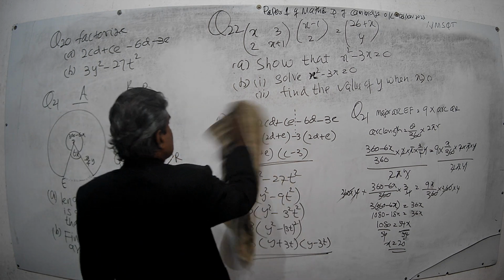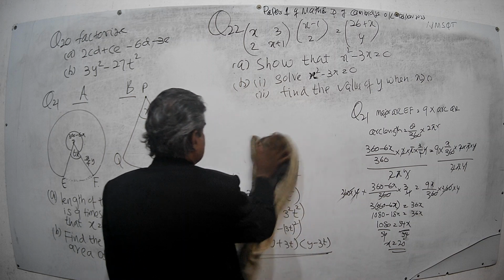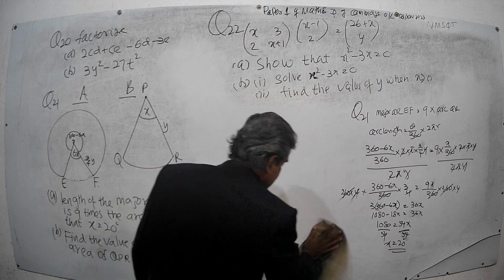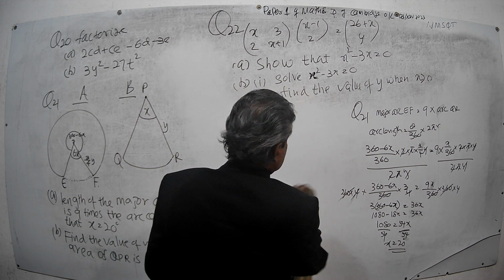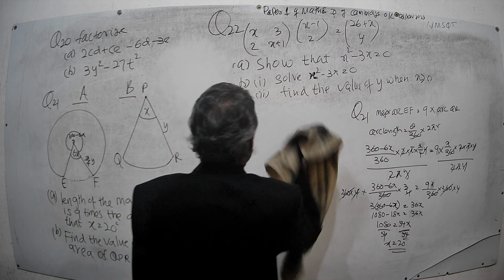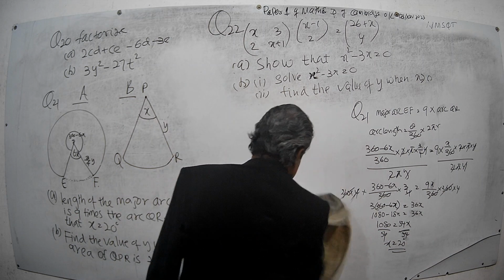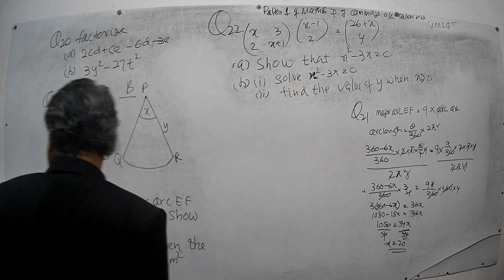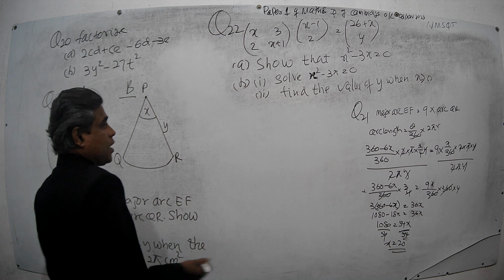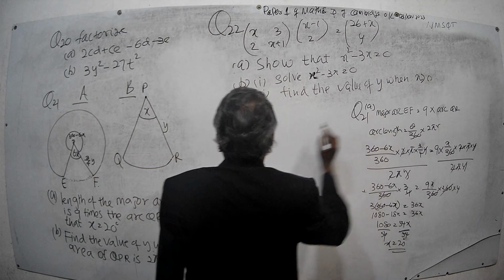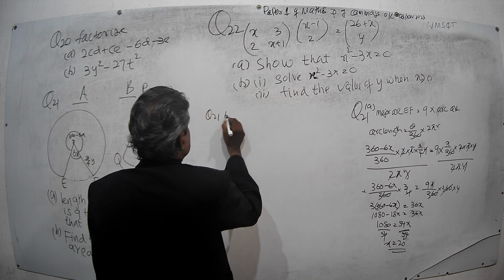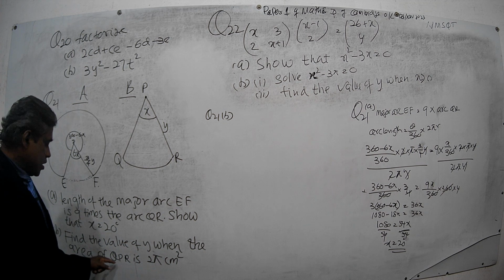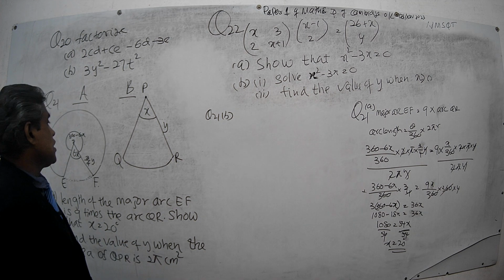I will erase this answer of question 21 part A. This is part B. Question 21, part B: find the value of y when the area of QPR is 2 pi centimeter squared.